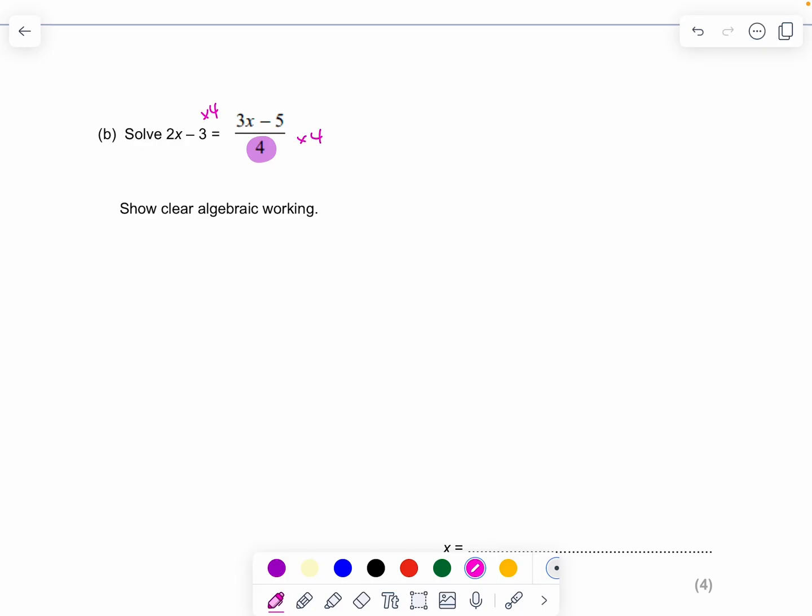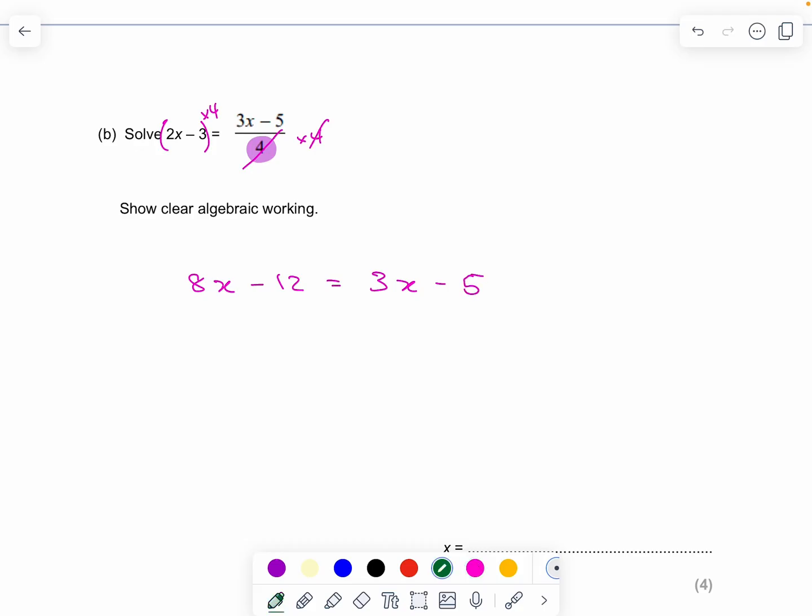So I have to do it on both sides of the equal sign. That gave you 1 mark for just working out that 2x take away 3 times 4 is 8x take away 12. And then here, these two cancel each other out, and I get 3x minus 5.